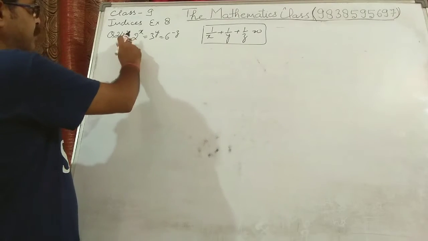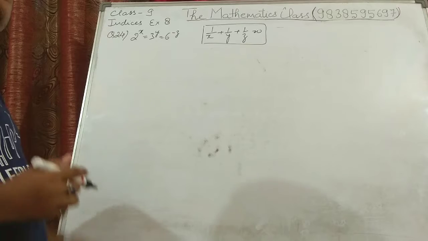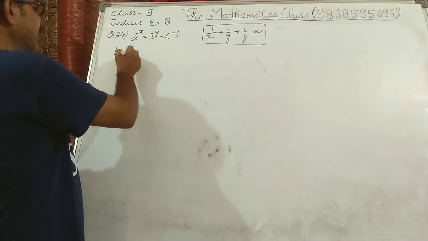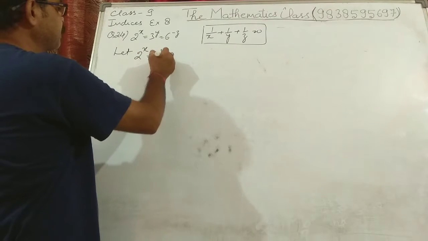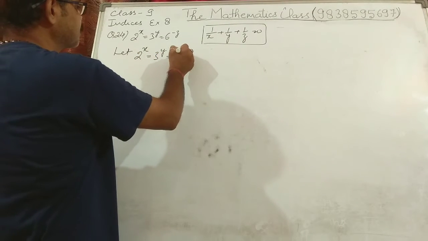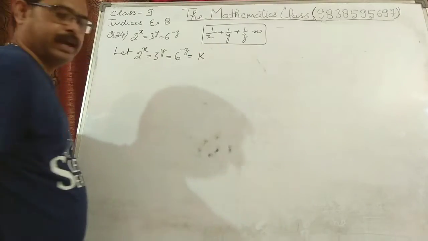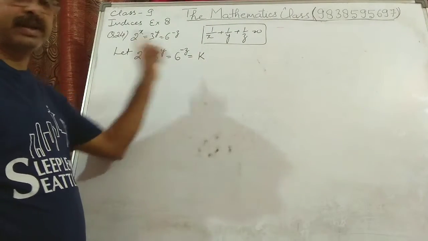Now, if all the three are equal, we can equate them to a constant quantity. So we can say let 2 to the power x is equal to 3 to the power y is equal to 6 to the power minus z is equal to a constant k. Let us assume all these are equal to a fourth number, that is k.